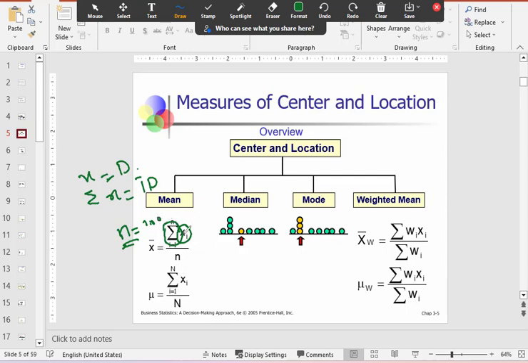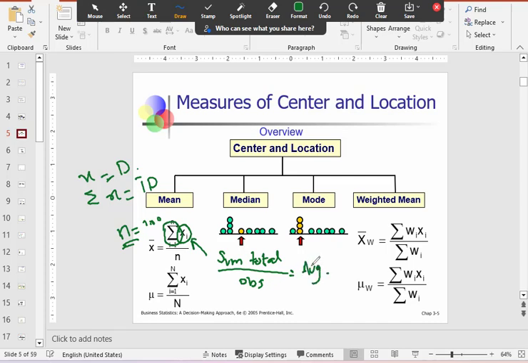So the numerator will become total, or in other words we call it sum total. The denominator will be total observations, or total cases, total number of events or scenarios, and this will become average, AVG.